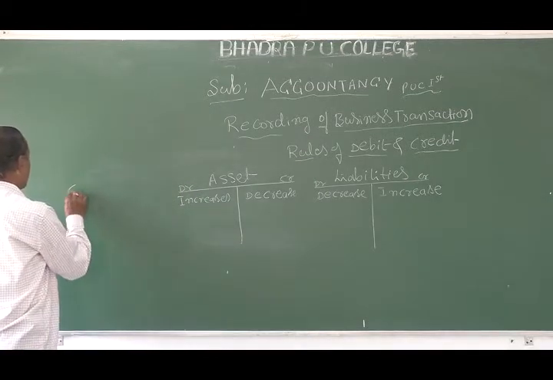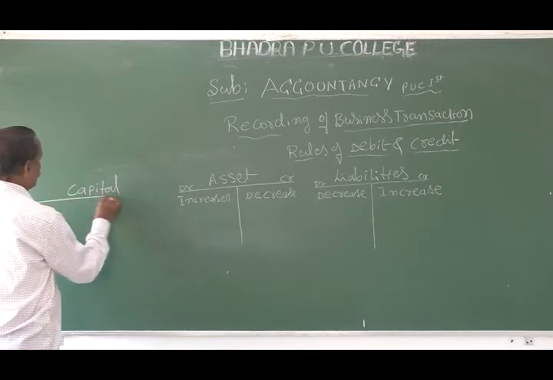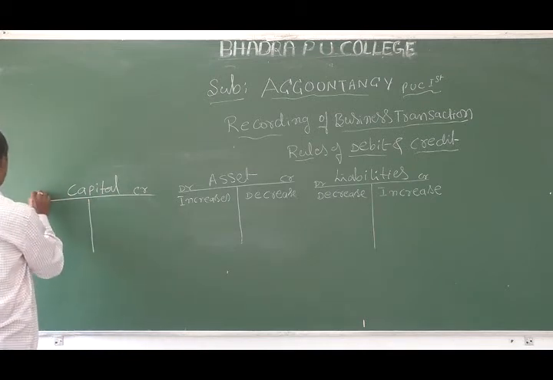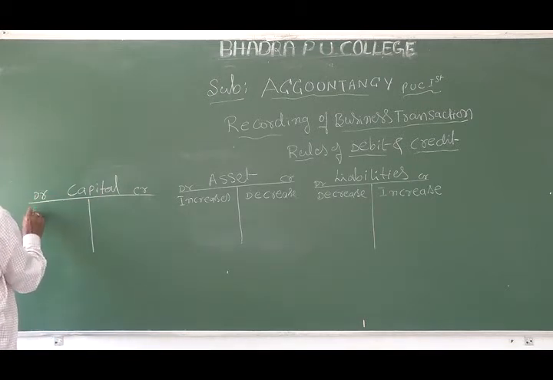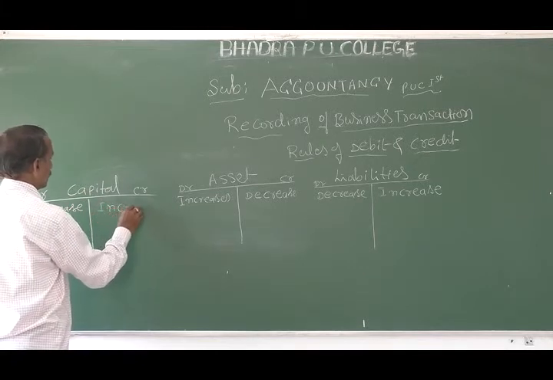Third one, capital: debit decreases, credit increases.